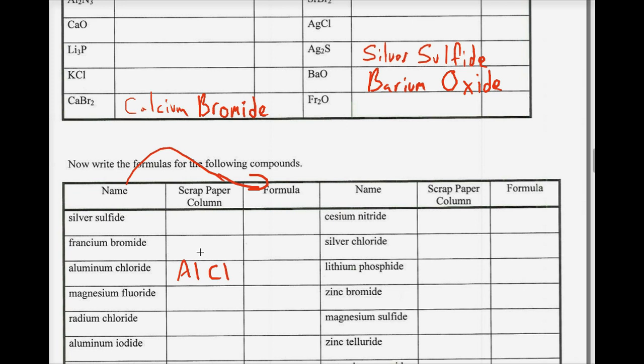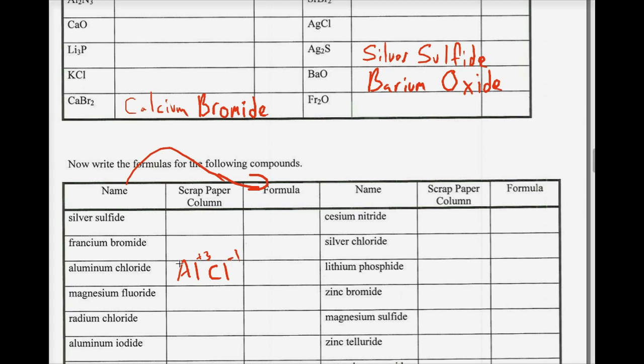The whole goal is to have a neutral compound. And it's just as easy as looking up the charges on the periodic table. You're going to see that it's plus 3, minus 1. We know these charges because both of these are representative elements.